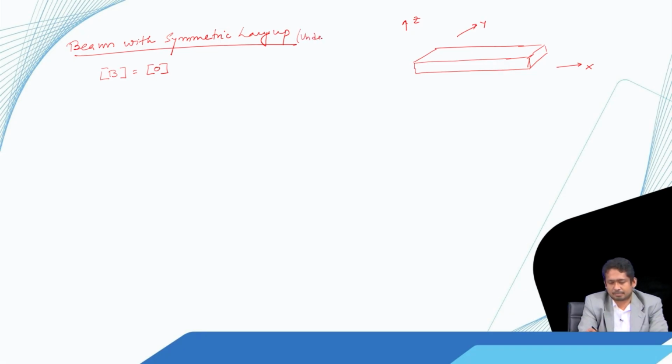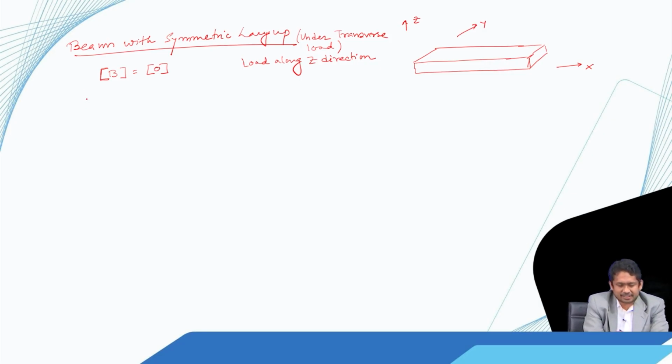Under transverse load, that means load along the z direction, so we are studying the bending of it. Because it is under bending and the laminate is symmetric, we will see only bending. There will not be any extension, contraction or in-plane shear.